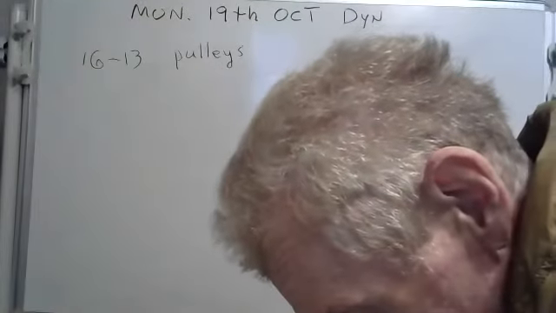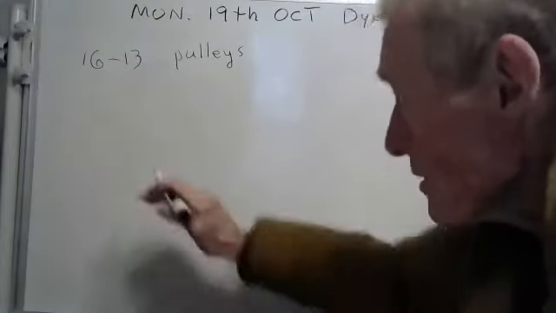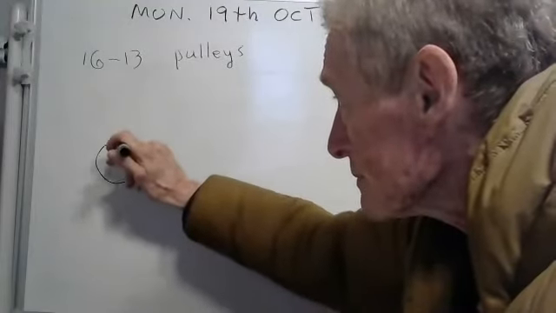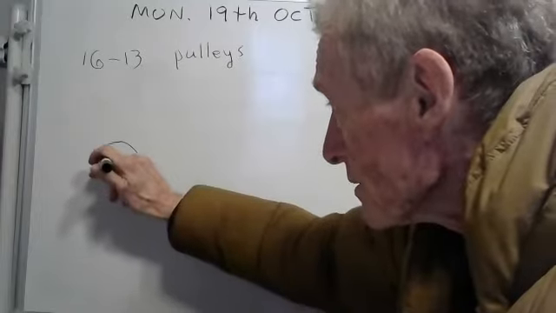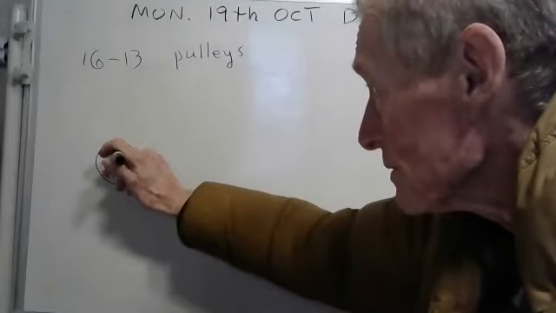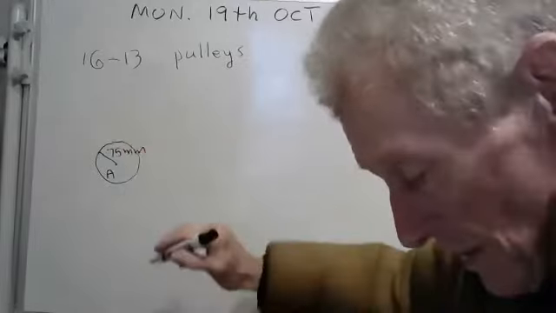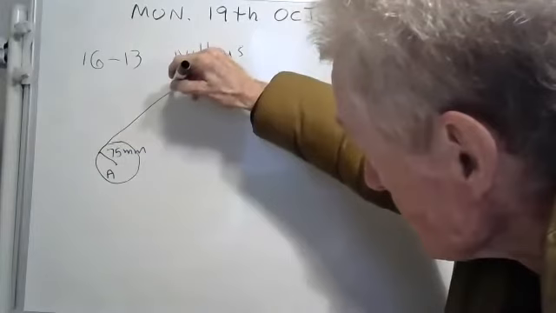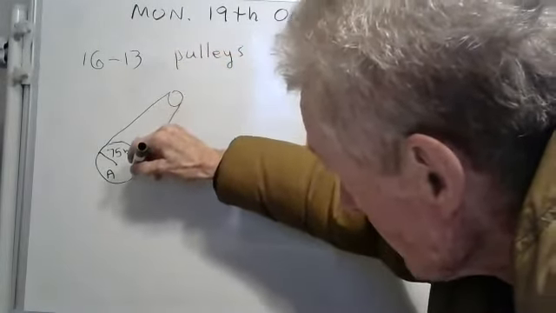But the engine is pulley A. So let me draw that. This is pulley A, and it has a radius of 75 millimeters. And see, it comes up here. And there's a belt.